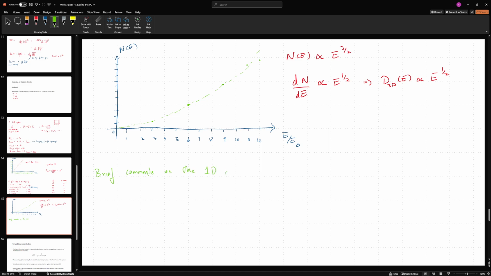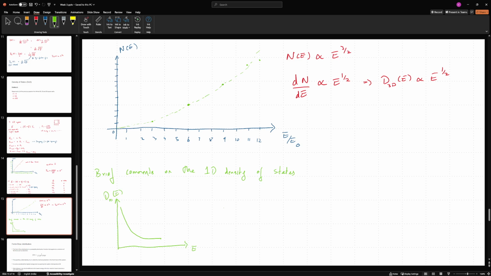If I were to plot the 1D density of states, it is of course 1 by square root of E, so it is going to look something like this. And this is D1D of E.